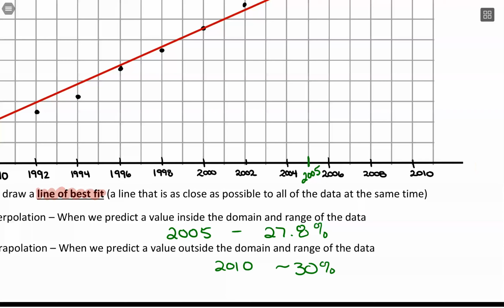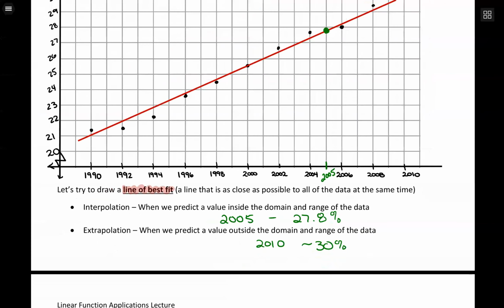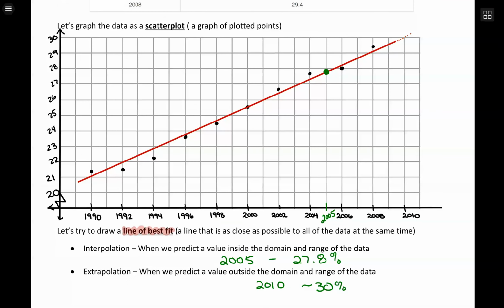Maybe there's a great increase because it's all online due to the pandemic, or maybe there's a great decrease because people needed to work. We could see these events occur that would change the trend of the data, and with that, we don't want to go too far beyond our data and what we've observed in making predictions.